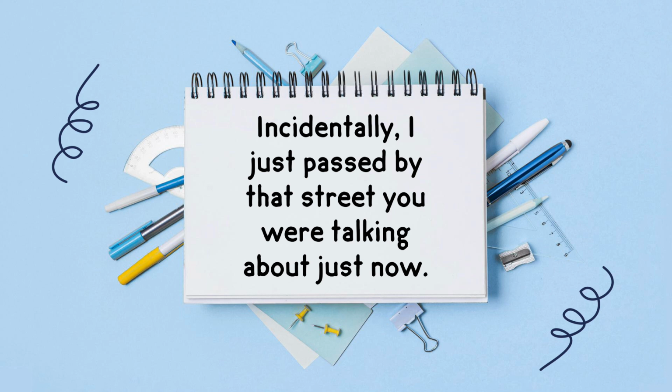Okay, so let's try to answer number 1. Incidentally, I just passed by that street you were talking about just now. Okay, so imagine natin, itong nagsasalita na to nasa cellphone siya, may kausap siya na tao na nagkukwento tungkol sa street na yon. Okay, so sabi niya, actually, I just passed by the street you were talking about just now.